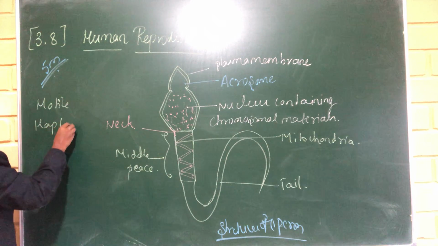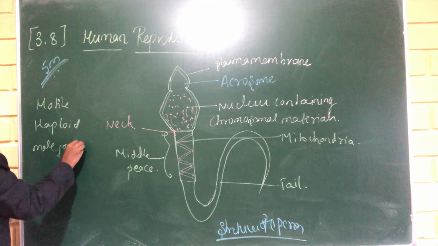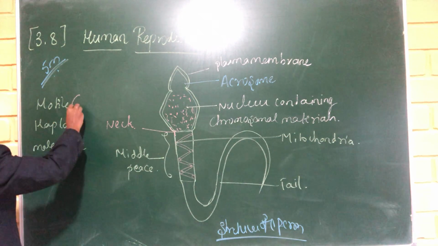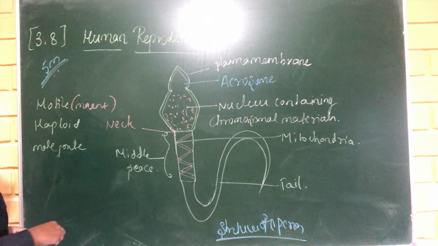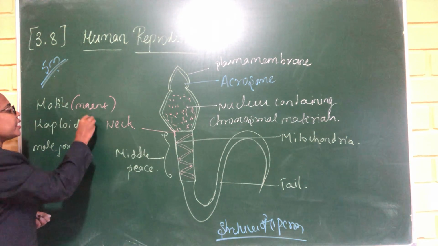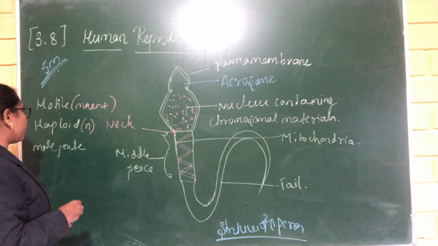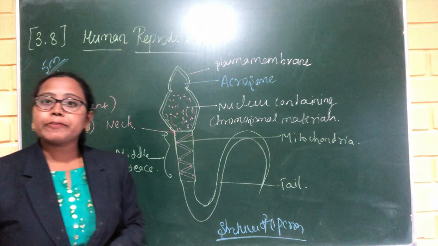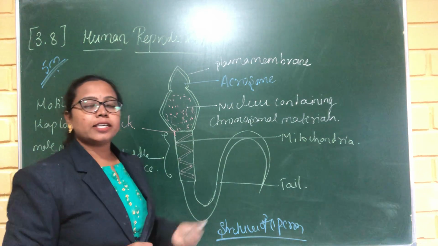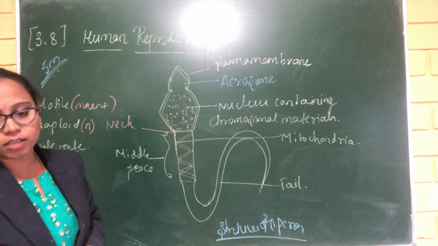What is motile? It means it can show movement. Haploid means n number of chromosomes, so it consists of only a single set of chromosomes. It is a male gamete produced from the seminiferous tubules of the testes, and this is called sperm.